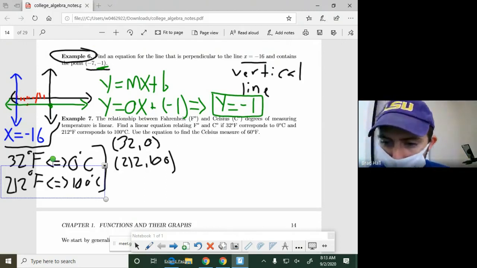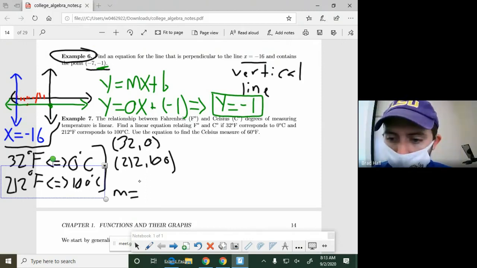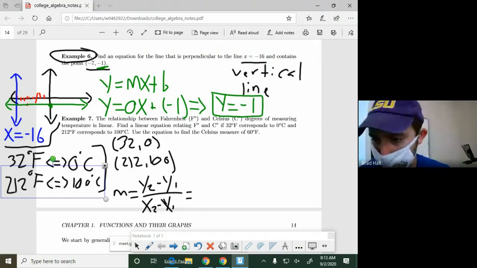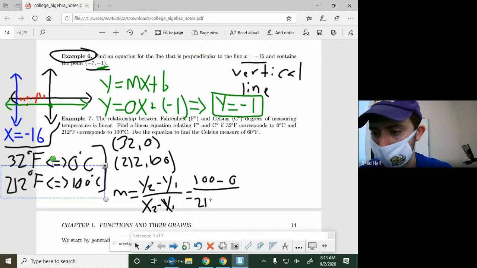So, luckily, we know how to find the slope. y2 minus y1 over x2 minus x1. And so we can place in the values for y2, which would be 100, minus y1, which is 0, over x2, which is 212, minus x1, which is 32.